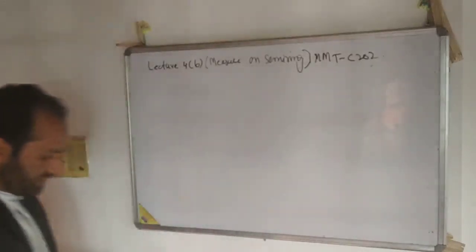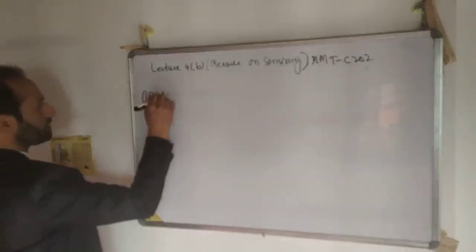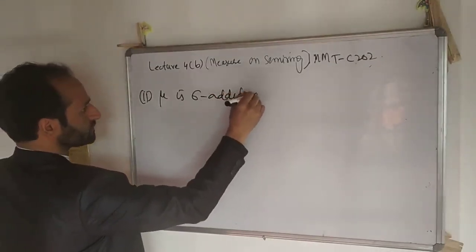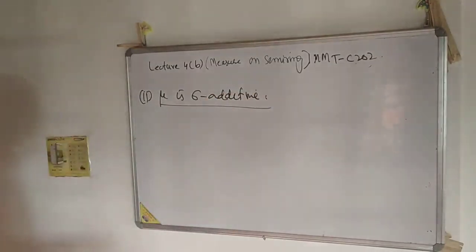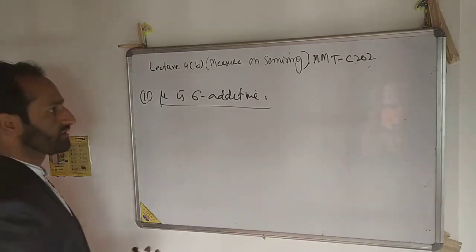Now we prove the second property, that mu is sigma additive. For this, we choose any disjoint sequence in S, where S is the class of semi-closed intervals.